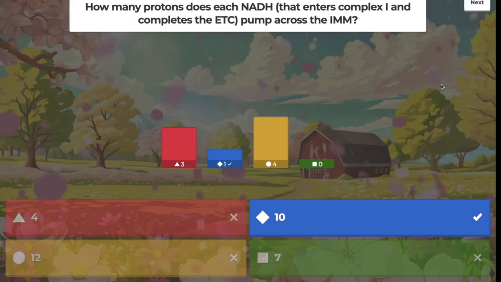Okay, we can count the number of protons after this. 2 questions left, and then I'll count the number of protons with you guys. So don't worry about that.